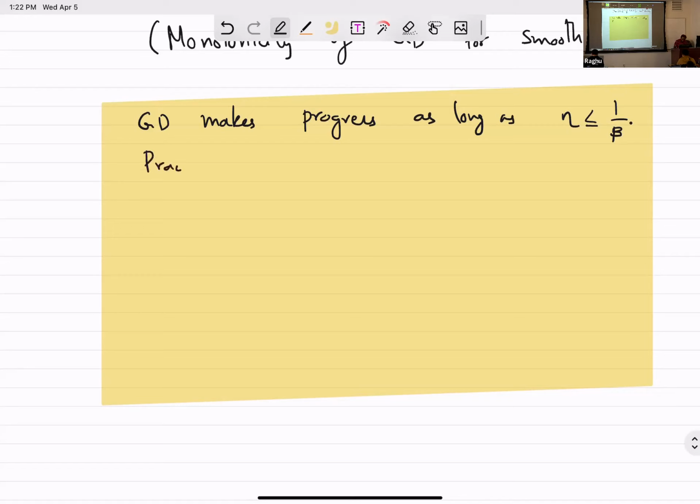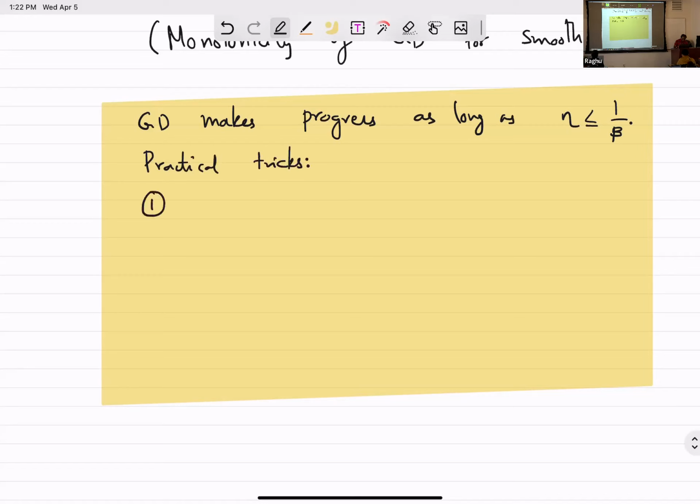Along the lines of the question that was just asked, let me say some things about what people do for some applications in practice. So what did we just learn? We learned that GD makes progress as long as the step size is small enough. Some practical tricks come out of this.